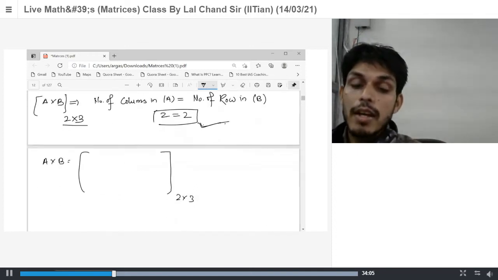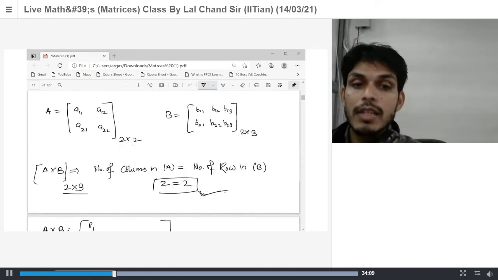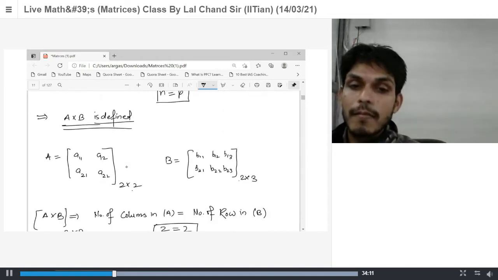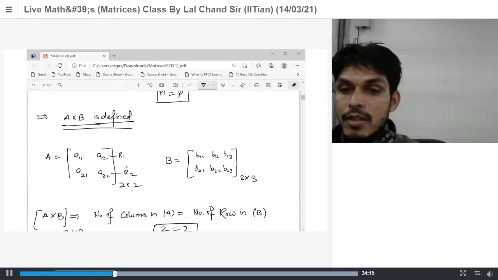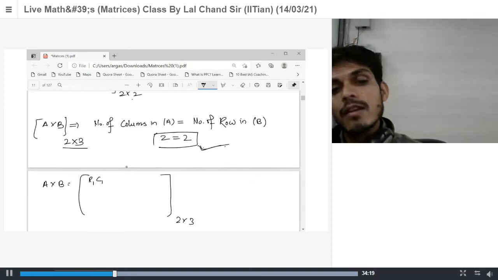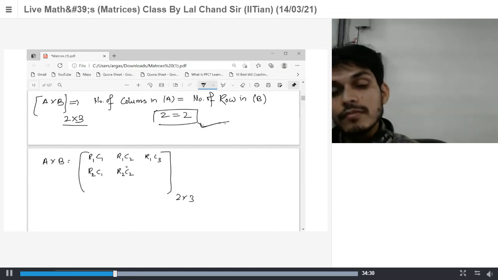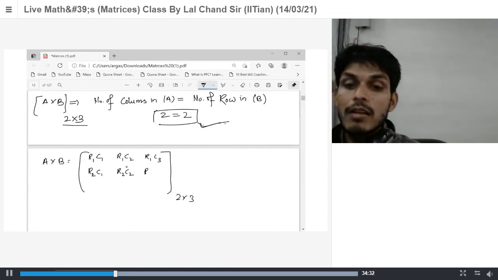So here I have first row R1, this is R2, and here I have C1, C2, and C3. So R1 C1, R1 C2, R2 C1, R2 C2 and so on.